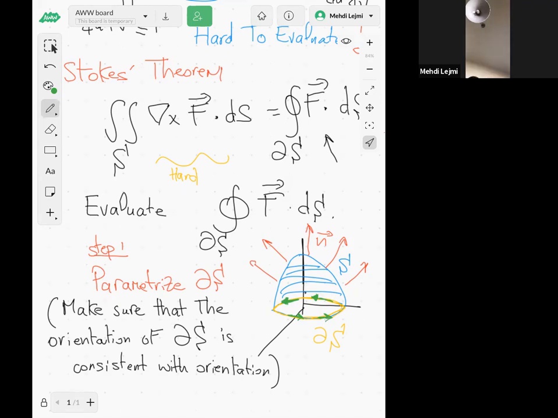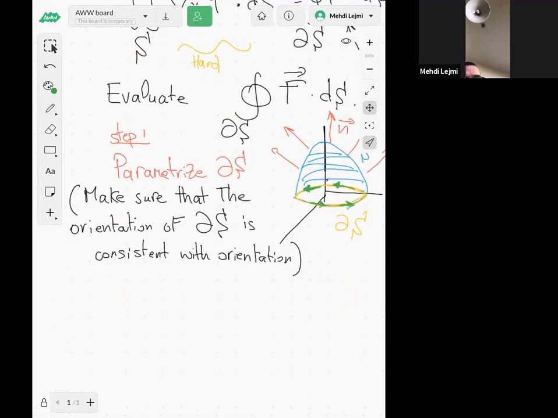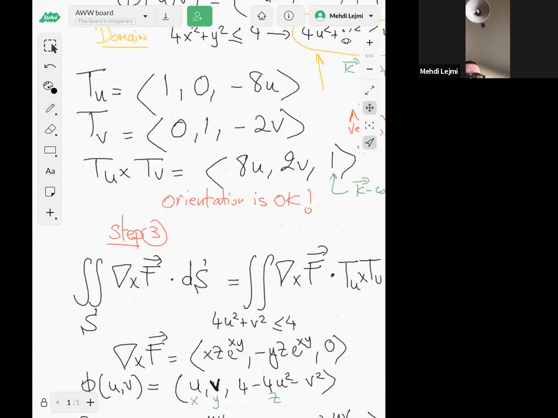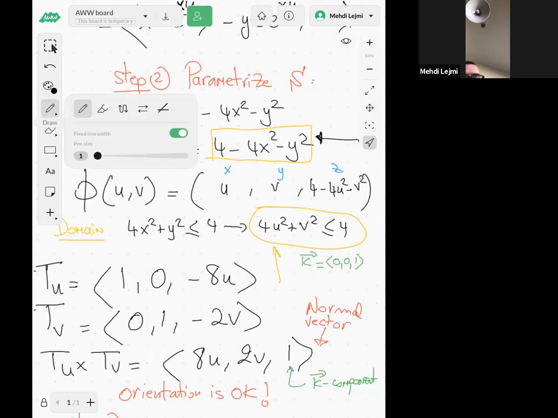Okay, so we have to parameterize this. Well, it's an ellipse. The boundary here is this ellipse, and this is when z is 0, because the boundary lies on the xy plane.